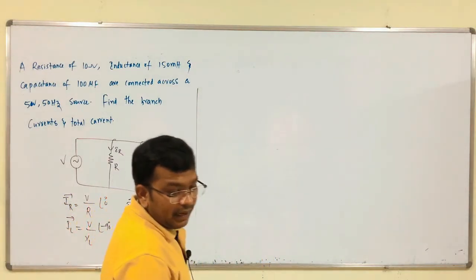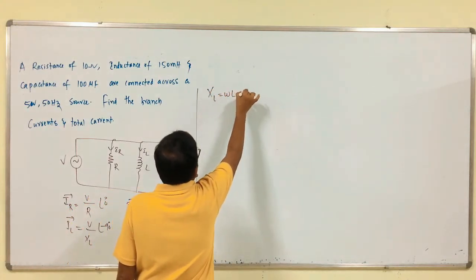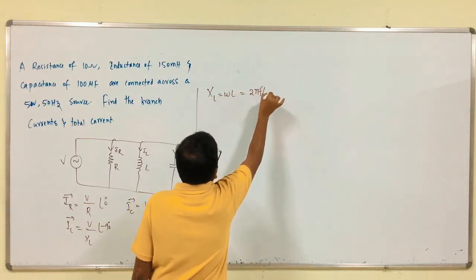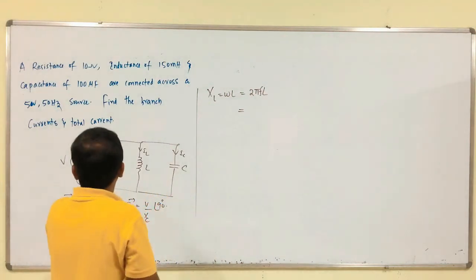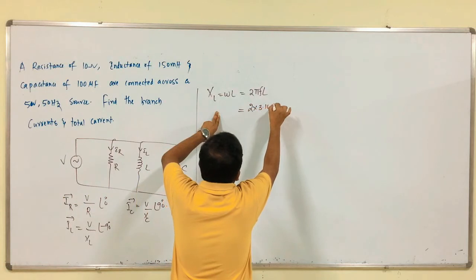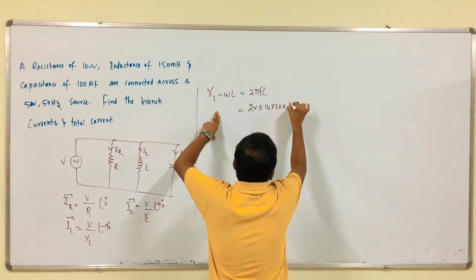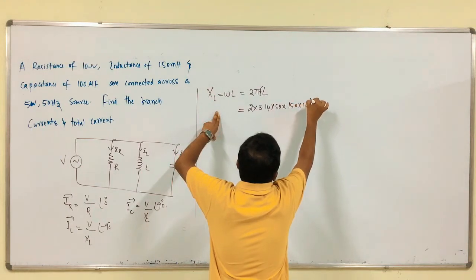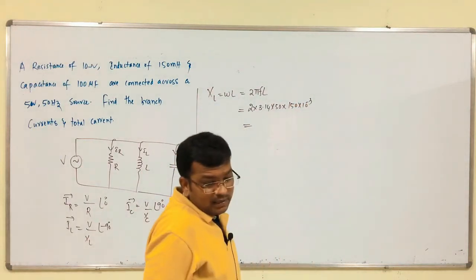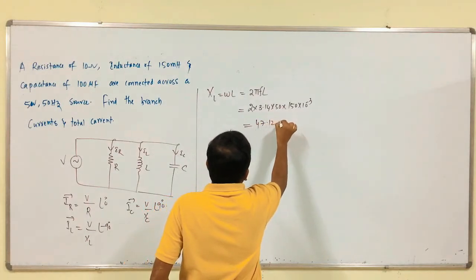First we have to calculate XL, XC. So XL is what? Omega L, that is 2 pi FL, which is equals to, after substitution, 2 into 3.14 into 50 into L, which is 150 into 10 power minus 3. We are going to get XL as 47.12 ohms.